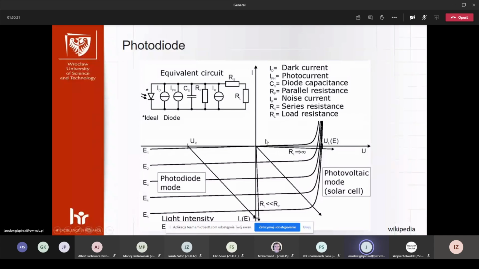In this graph we can see two modes that we can utilize to measure the light.